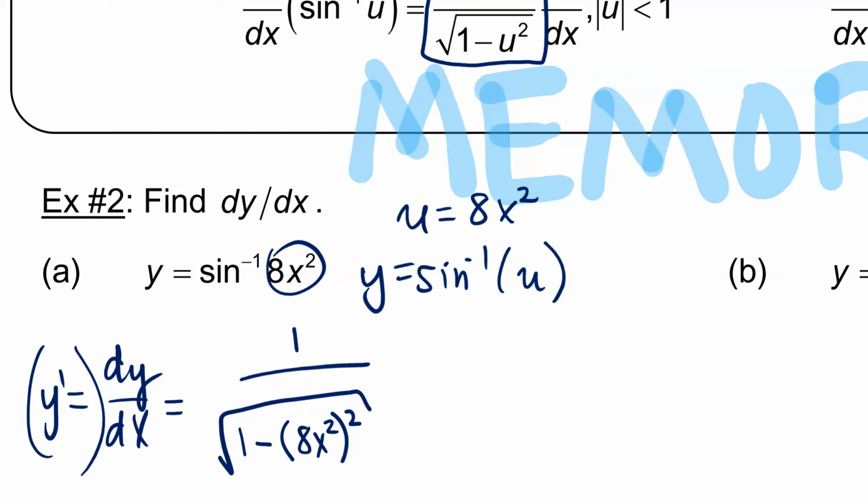Wouldn't it just go away? What goes away? No, because this is 1 minus u squared. If it was just u squared, then I could cross it out. But it's a binomial, 1 minus this thing. Multiply by the derivative of u. The derivative of u, yeah. So u prime is going to be 16x.